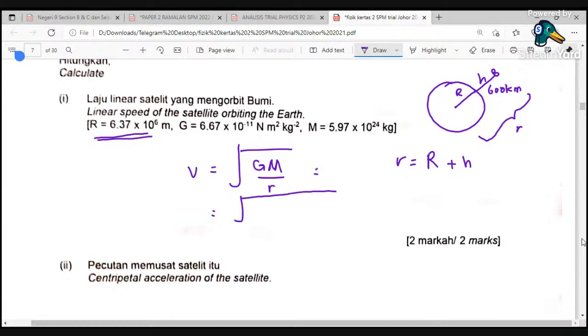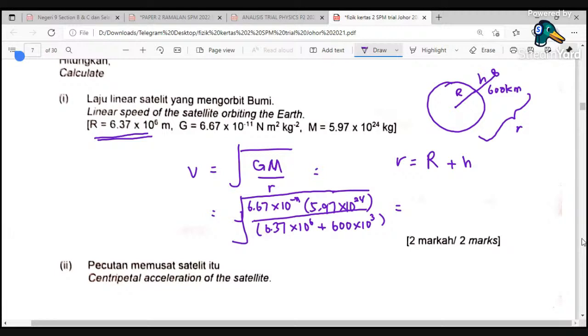The value of G you can get from the list of formula. 6.67 times 10 power negative 11, and then mass of Earth 5.97 times 10 to the power 24 by radius of the Earth 6.37 times 10 to the power 6 plus 600 times 10 power 3.